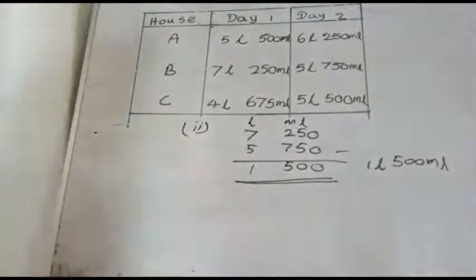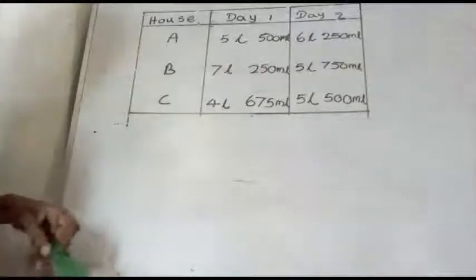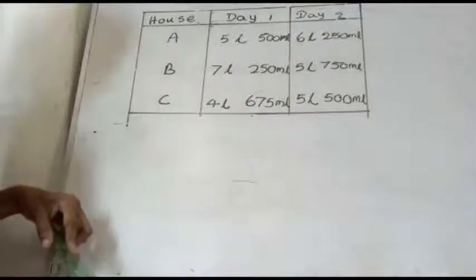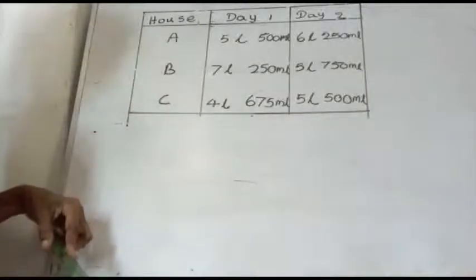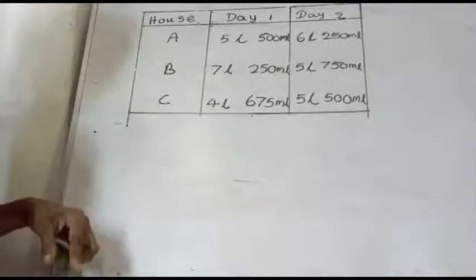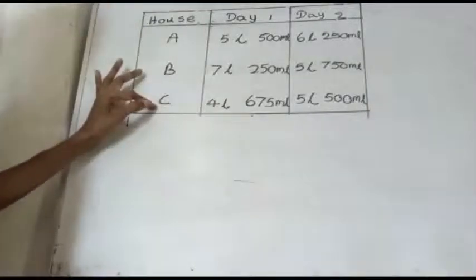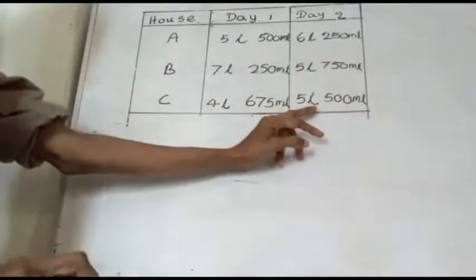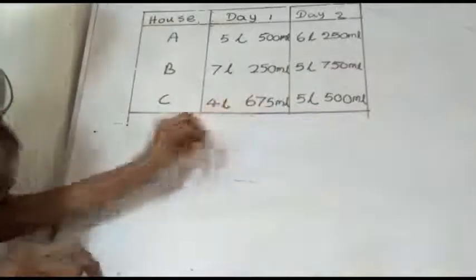Question number 3. Yes. Part 3. By what amount was the quantity of milk provided by House C on the second day more than the quantity that was provided on the first day?